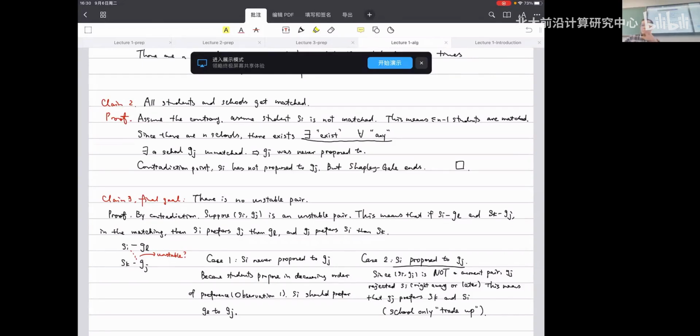If a school has equal preference between two students, it depends on how we define unstable. If this case does not constitute an unstable pair because it gives the same value, then the Gale-Shapley algorithm still works. Each time you find an equal value, you just randomly pick one of them. This does not influence the stability of it.